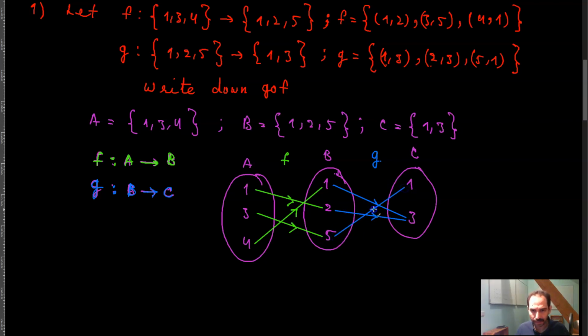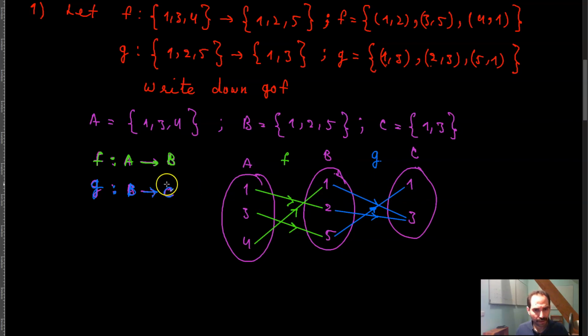So again, it's of course not a one-to-one function, but it's a many-to-one function. But on the other hand, it is surjective and it is a function, so we have no problem with it.